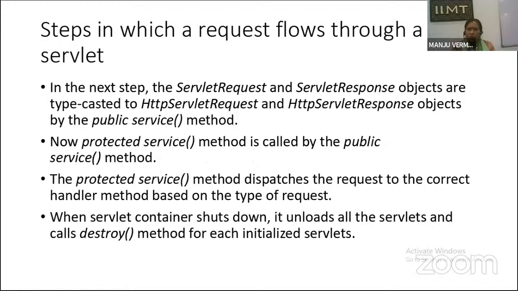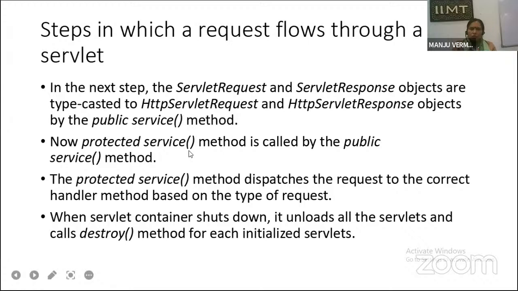In the next step, the servlet request and servlet response objects are typecast to HTTP servlet request and HTTP servlet response objects by the public service method. These are used to provide the main protocols for HTTP.